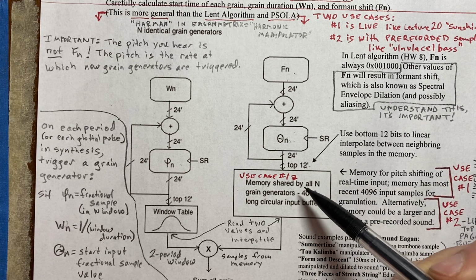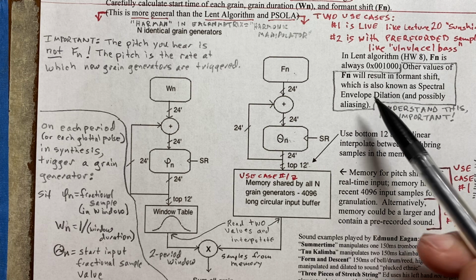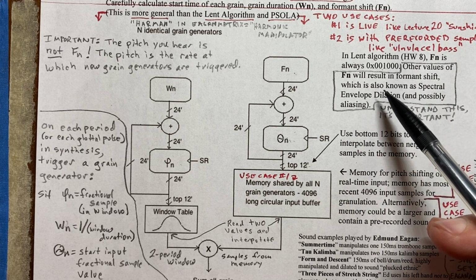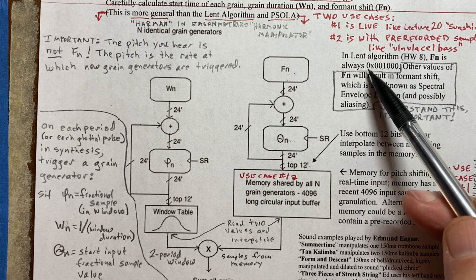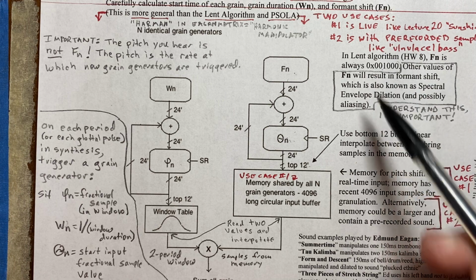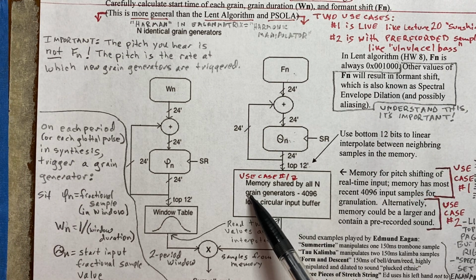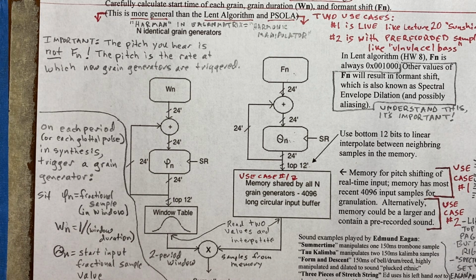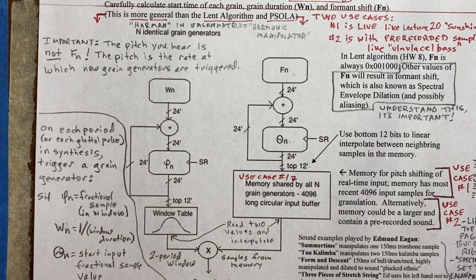You can, if you want, use other values of FN. In the Lent algorithm, if you want to do exactly what's in the Lent algorithm, you only ever use this FN value. Because you want to step through the original data at the same rate that it was recorded at. That way you avoid all that formant shifting. You get the, quote, formant correct thing.